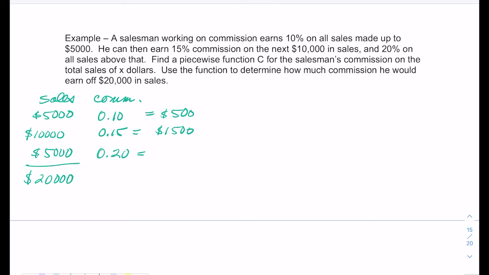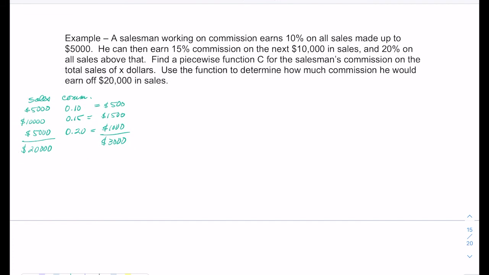So 20% of 5,000 is 1,000. And if I add this up, you get $3,000. So you can see how this would be very tedious, right? So we want to create a function that will give us the commission on any sale. And that's where piecewise functions are going to come in.